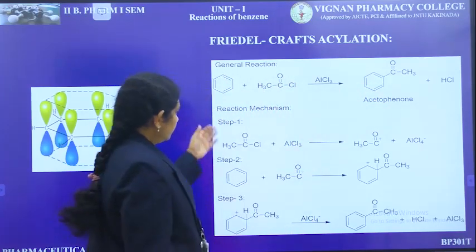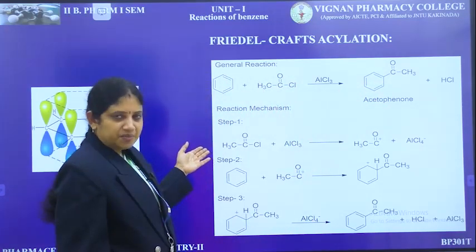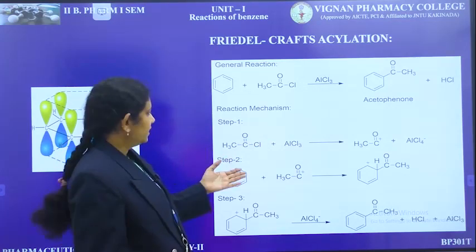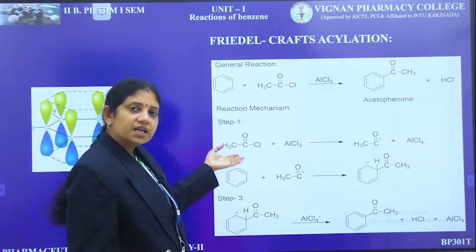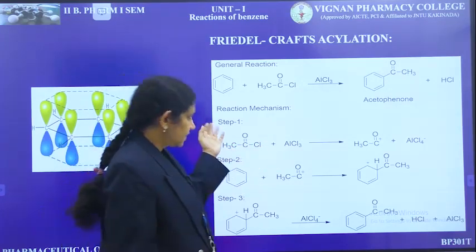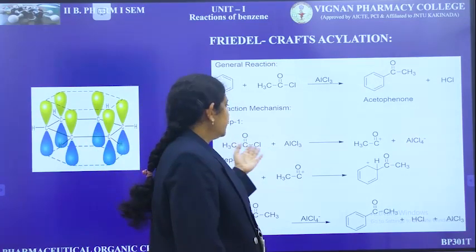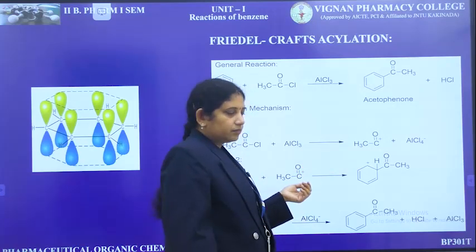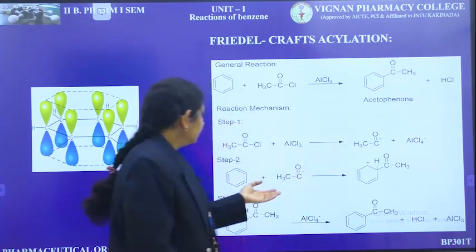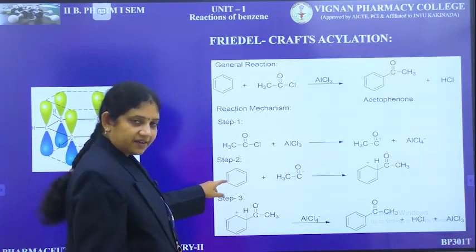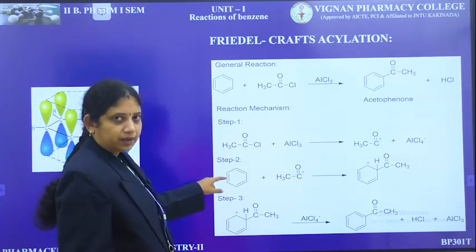So coming to the reaction mechanism, first is the generation of the electrophile. How can it be generated? When the acetyl chloride is treated with a Lewis acid, it releases the acetyl carbocation. Further, that interacts with benzene because of the availability of the pi electrons.